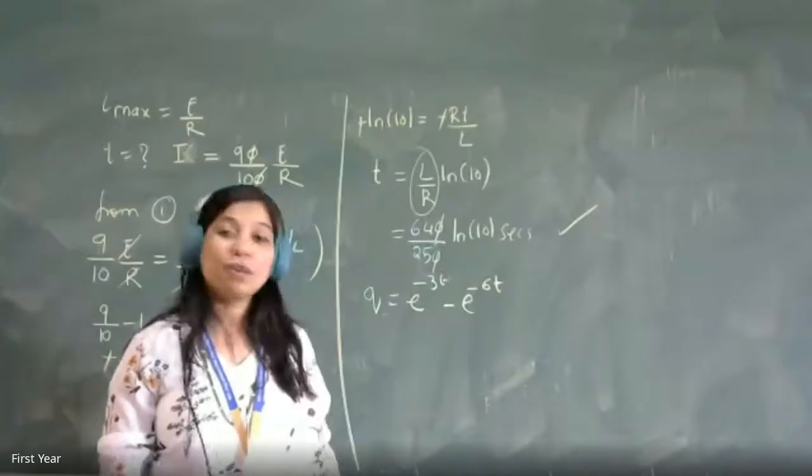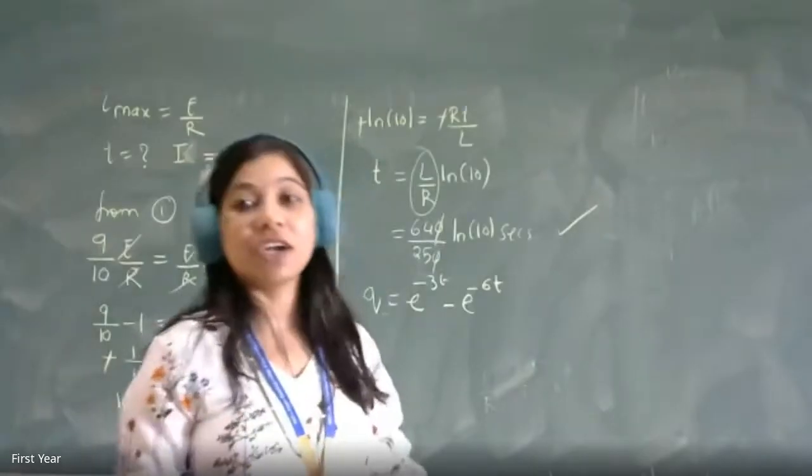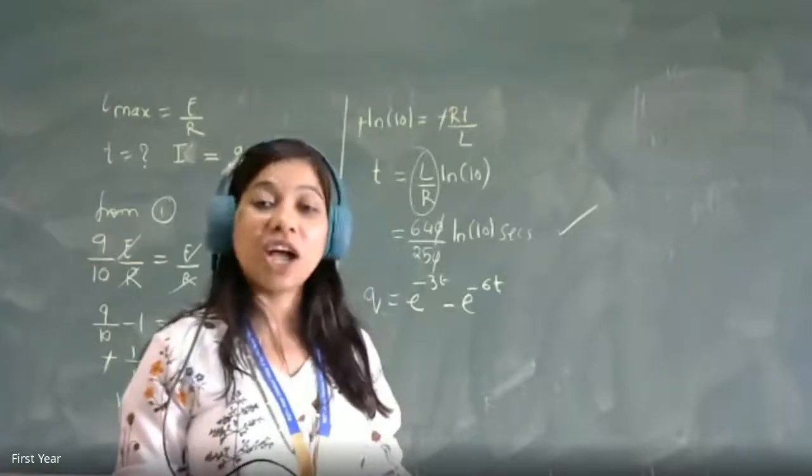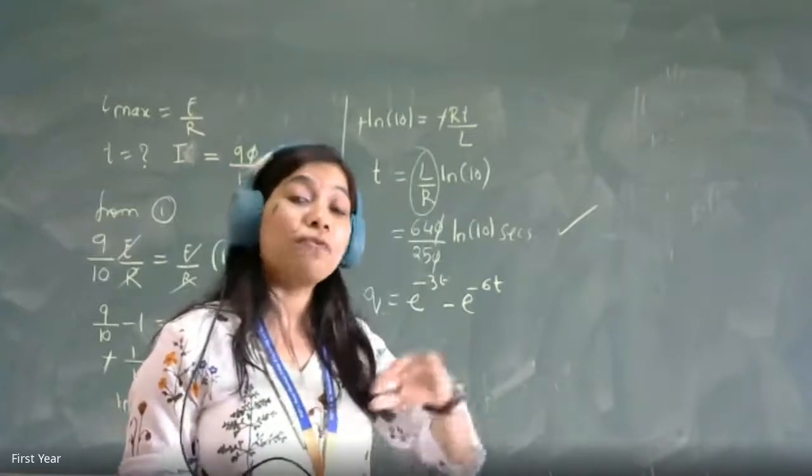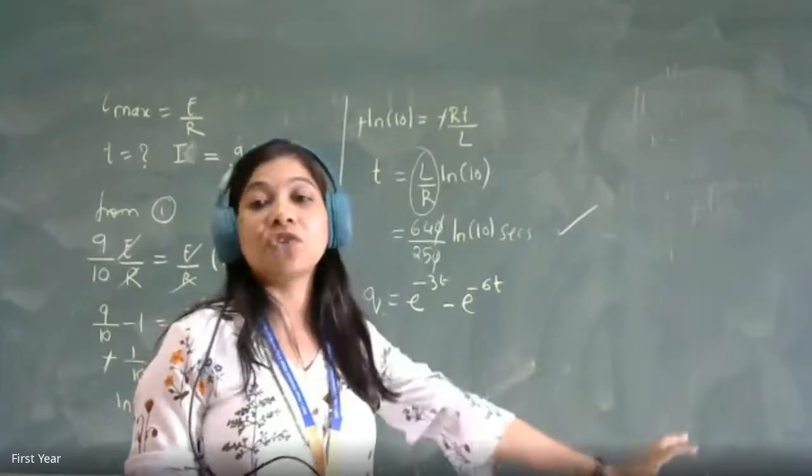The charge is maximum when the current is 0. Ma'am, first the current will increase to maximum, then it will decrease and the charge on the capacitor will increase. Correct, absolutely right. The charge will keep on increasing as long as current is flowing. When the flow stops, the charge will be maximum.